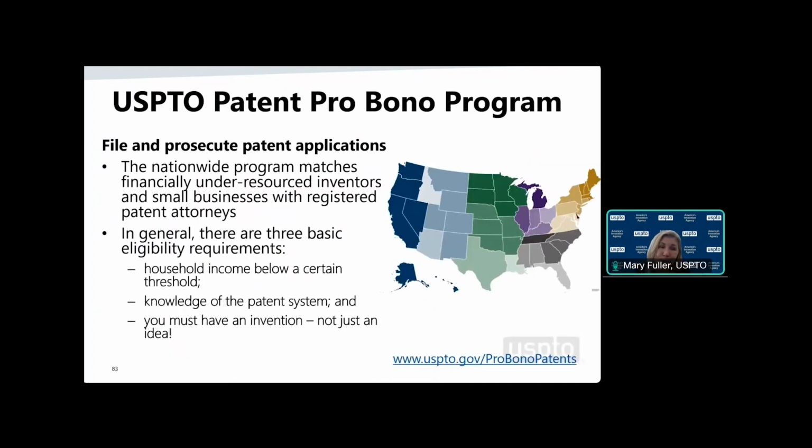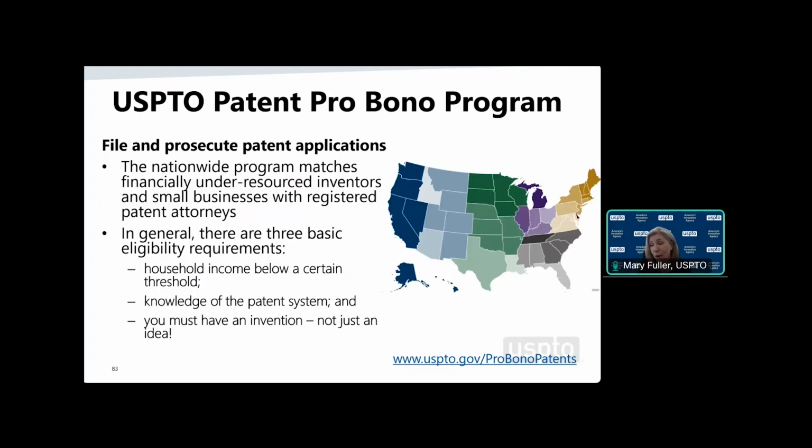One of our important resources is the USPTO Patent Pro Bono Program. This is a nationwide program, and we provide pro bono, and that means free, services to people in all 50 states. You can see on this map they're different colors, and that's because each color represents a different pro bono organization.